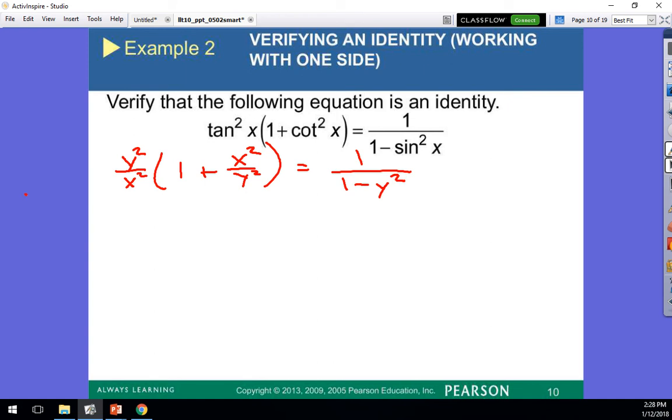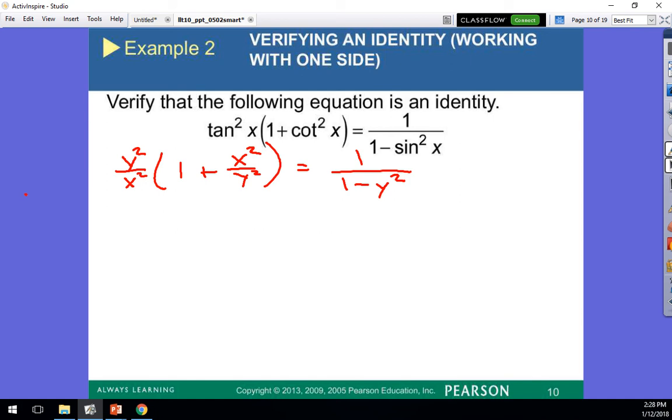Now, I'm going to tell you, I'm going to cheat a little bit on this one. Are we allowed to? Yeah. Okay. Because I think it's the next example that comes up that you're going to work both sides to make them work. Because the right side's kind of messy, but you're going to see where it's going to work out. But we're going to make the right side into the left side also. So we're going to work the left to a certain point.